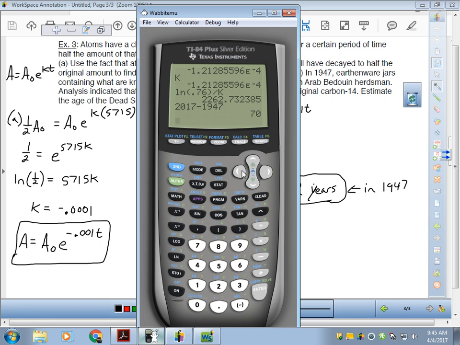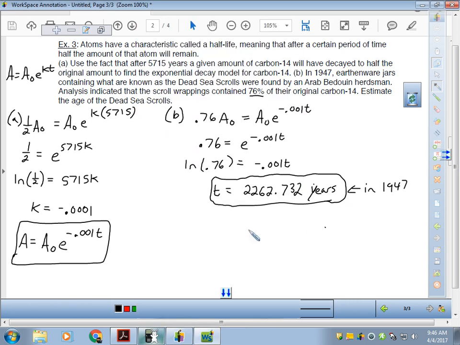So we just need to add 70 years to that. 2262.732385, add 70 years. So it's been 2,332.732 years, and that's for now in 2017.